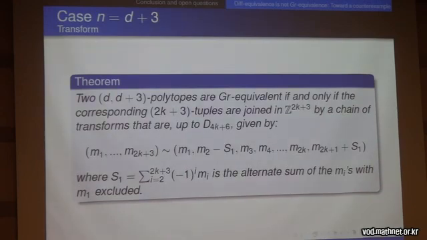So you have these transforms on the wedges, and you keep the graded equivalence class.